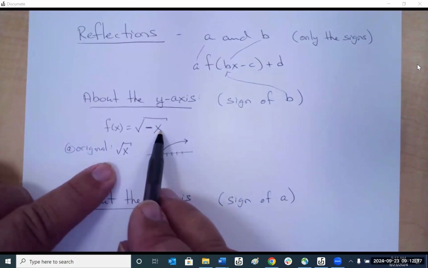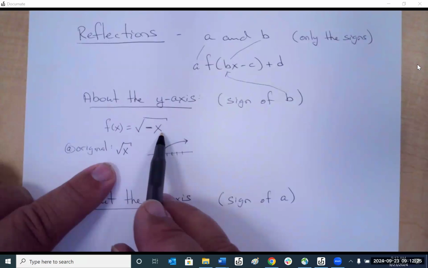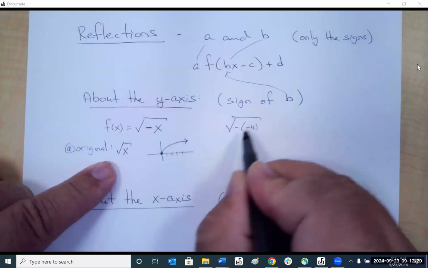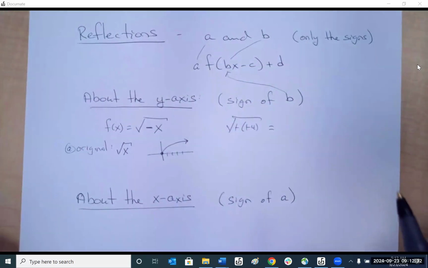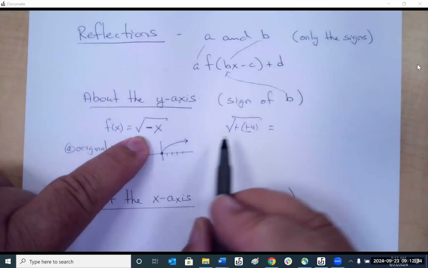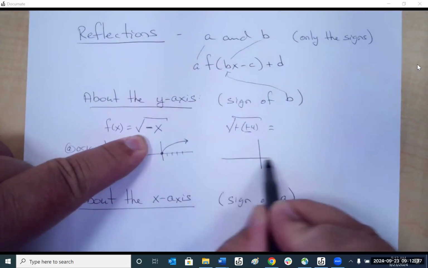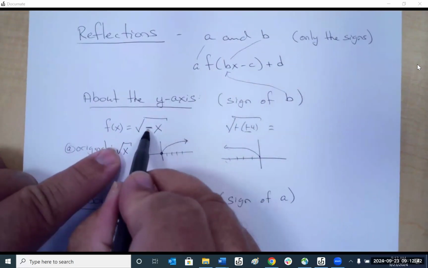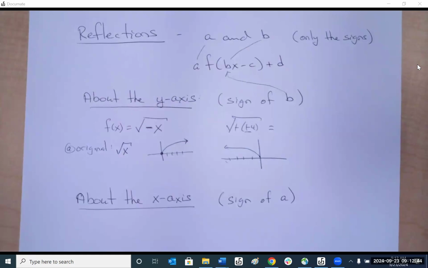Can I put a positive 4 in there? No, because it makes it negative. So can I put a negative 4 in there? Right. So my x values have changed from positive numbers to negative numbers because the sign in front of x has changed. So whenever you have a negative in front of your x value, it changes the direction of your graph.